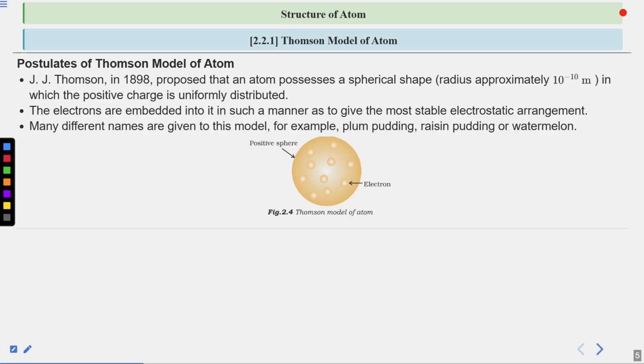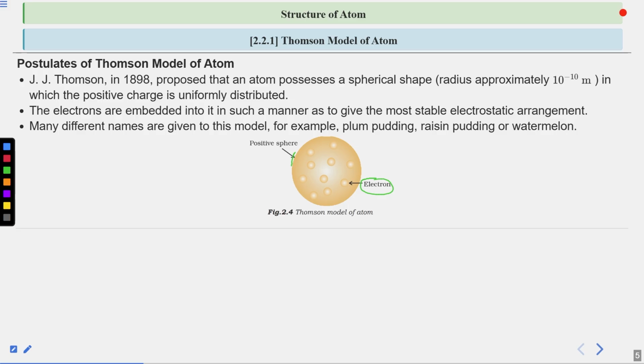There are some spherical balls present inside this yellow area. They are representing the electrons, whereas inside this whole big sphere, we have positive charge that is spread uniformly throughout the region. Clear?